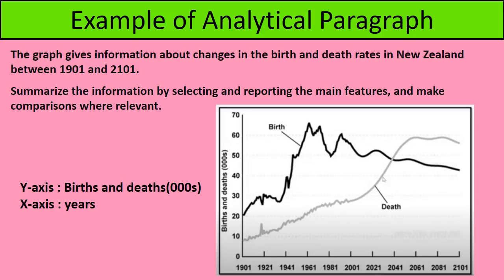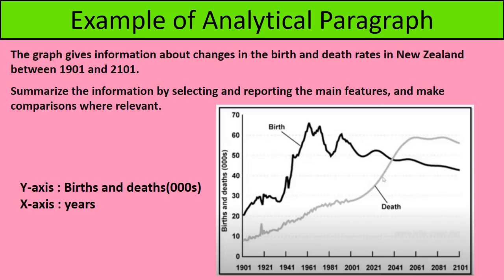Now students, this vertical line, that is the y-axis, shows births and deaths. And in the bracket it is given, it is in thousands. It means 10,000, 20,000, 30,000, 40,000, 50,000, 60,000 and 70,000. And your x-axis shows years starting from 1901 till 2101.